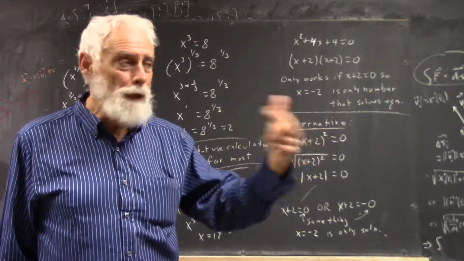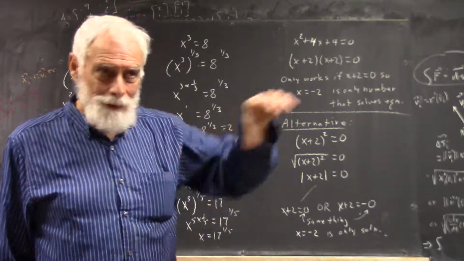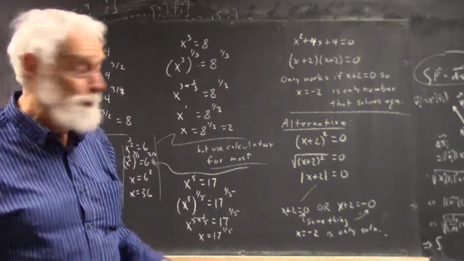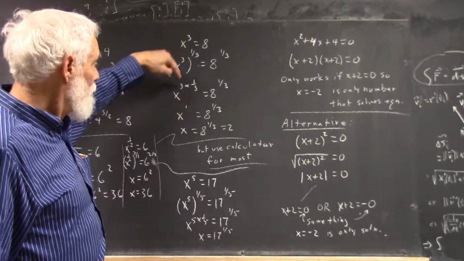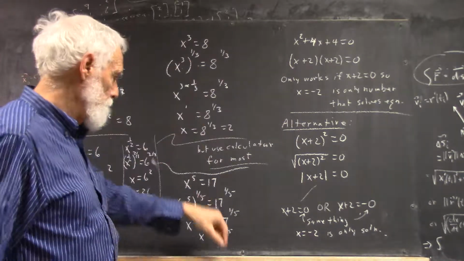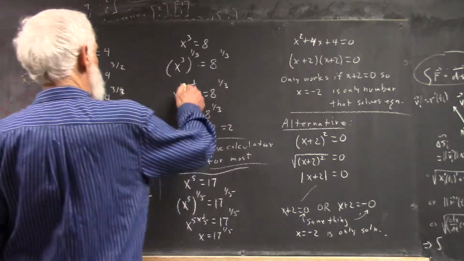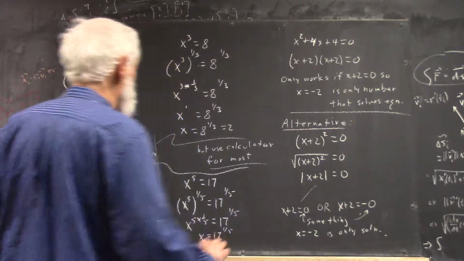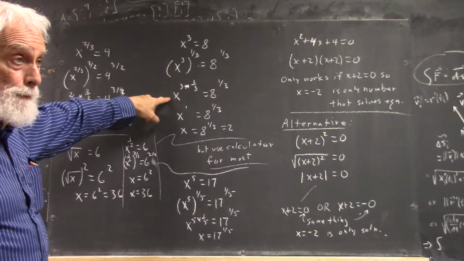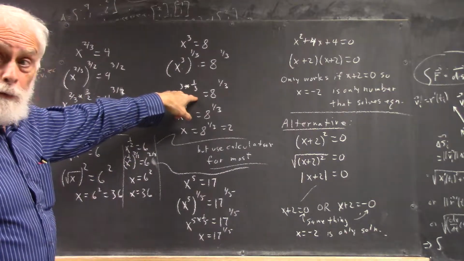Well, you multiply the powers. Now you need a more specific statement of it, but 8 to the cubed to the 1/3 is 8 to the 3 times 1/3. And that multiplication sign there almost looks like a minus, so let me make it a little clearer. Okay? And what's 3 times 1/3?